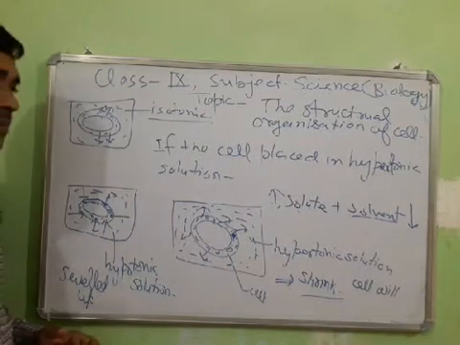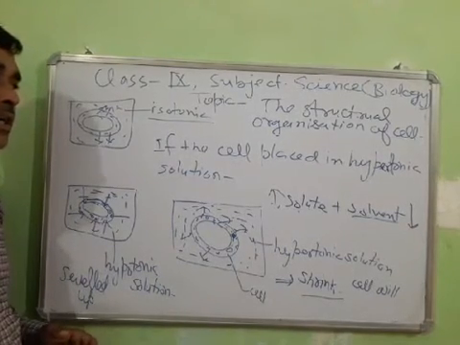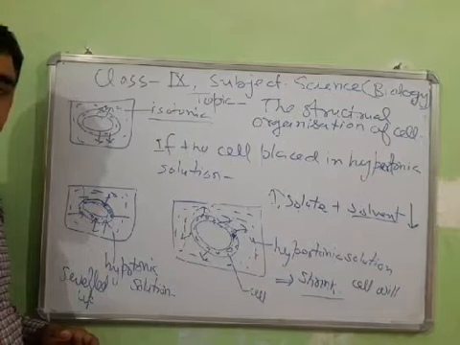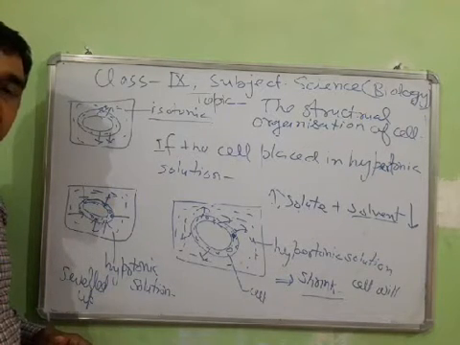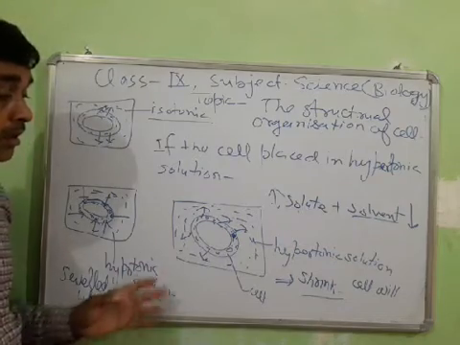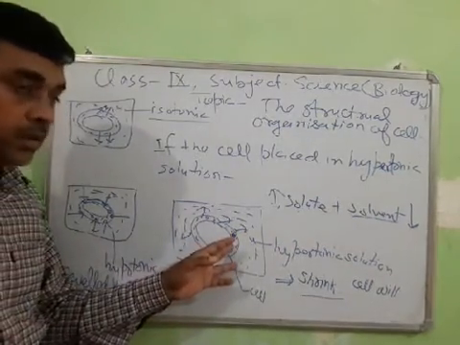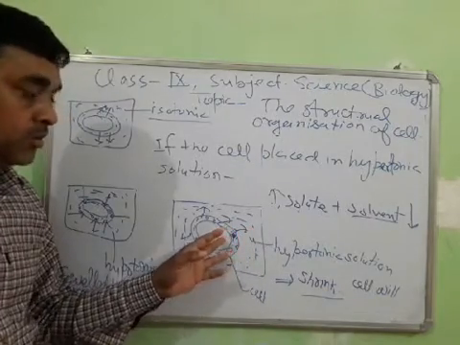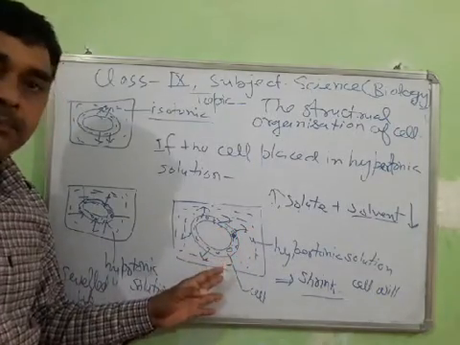Hypertonic solution means the concentration of water is less than the concentration inside the cell. The amount of water will leave from the cell, so they will shrink up.